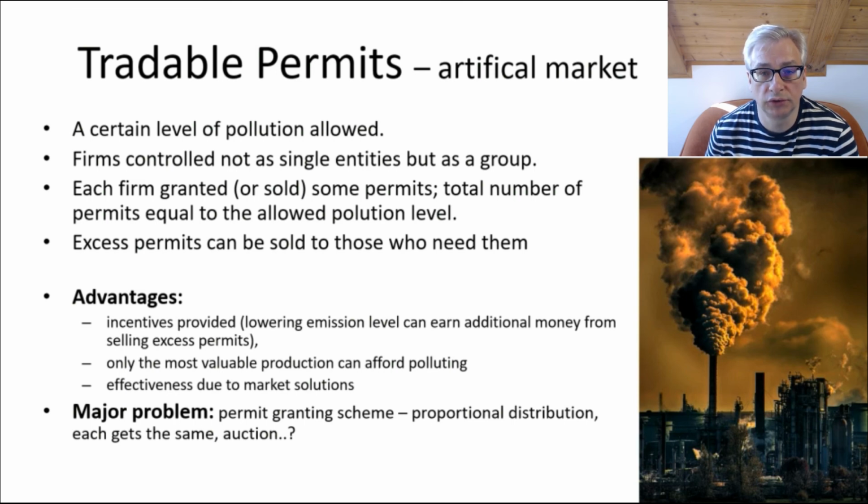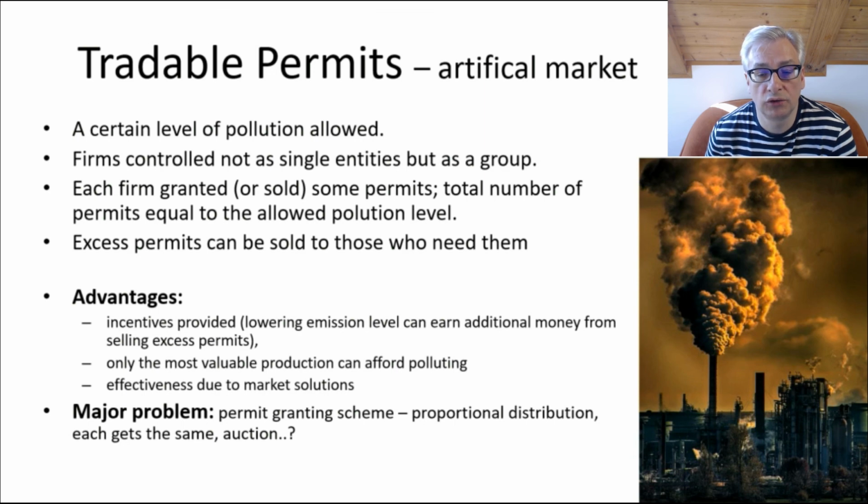Production that is valuable for society will survive this kind of cut down on emission. Why is that so? Valuable production, the one that produces high profits for producers, actually allows them to buy permits from others. So there could be a group of businesses that change their technology to cut down on carbon dioxide emission.